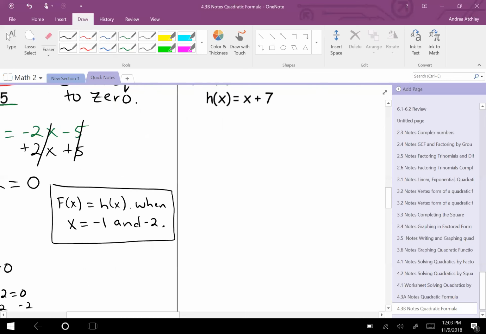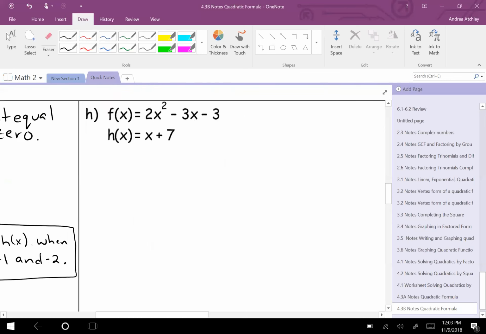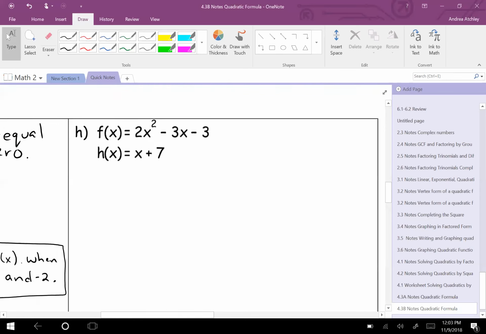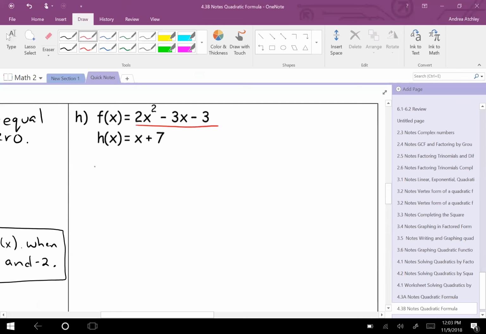Okay, let's try the next one. Same idea, we're looking where f of x equals h of x. So we're going to set them equal to each other.